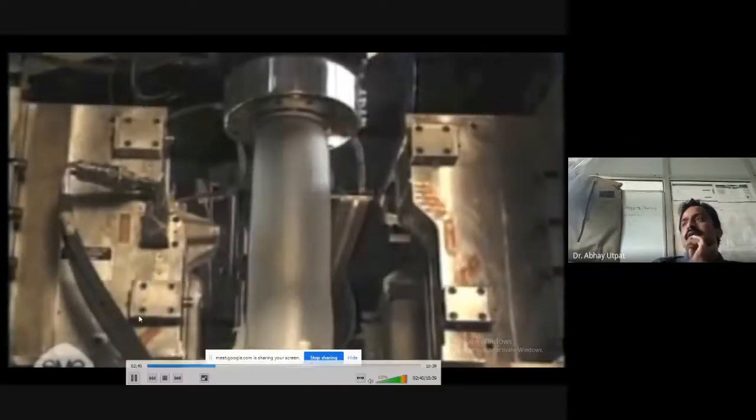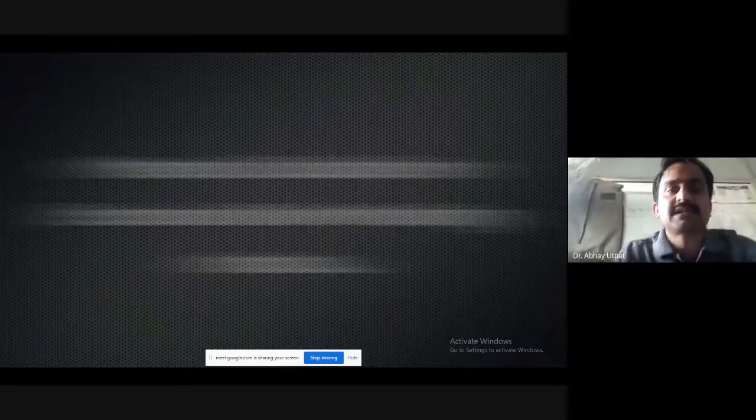See here, it is of larger size, so larger size components and containers are prepared.